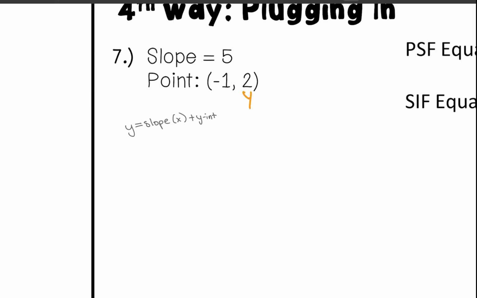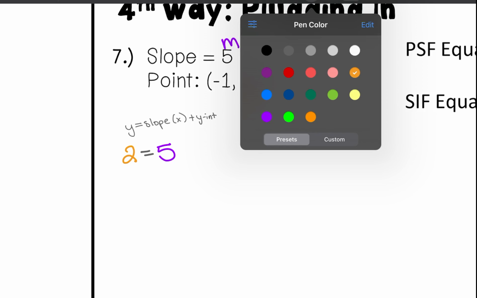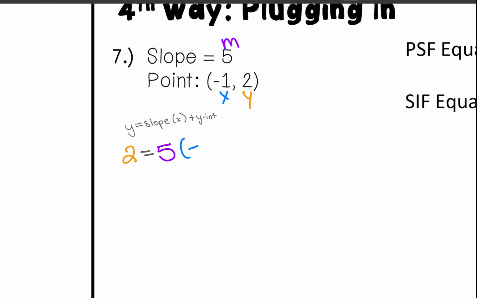So our y in this case is a 2, so we write 2 equals our slope, which is a 5, times x, which is a negative 1, plus the y-intercept. Negative 5 times 1, well, that gives us a negative 5, and that's the only thing that changed here.